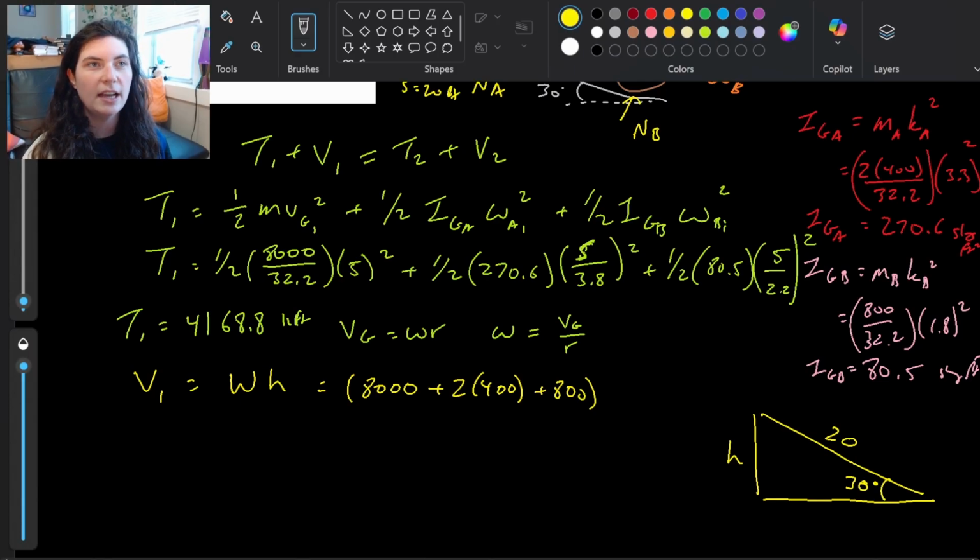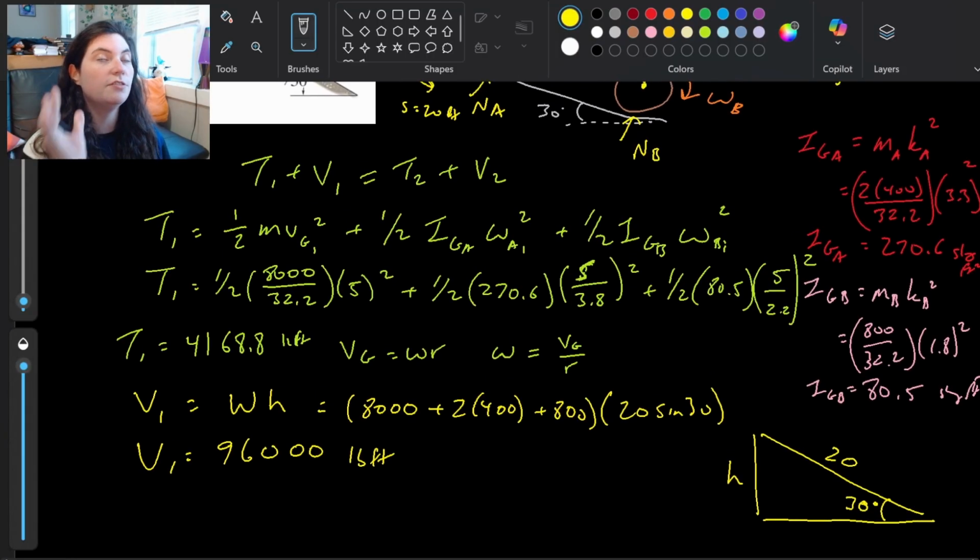I can get that height value by doing 20 sine 30, so I can multiply this by 20 sine 30. Again, that's just another number, no unknowns in here. It gives me a potential energy of 96,000 pound-feet.